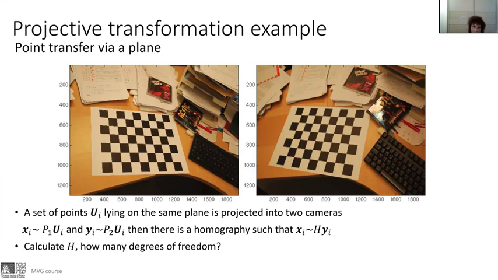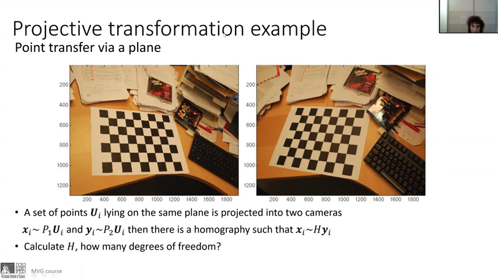So we just said that if we have a plane and the plane is captured by two cameras, the left camera and the right camera, then the way that we can move from one camera to another is by homography.